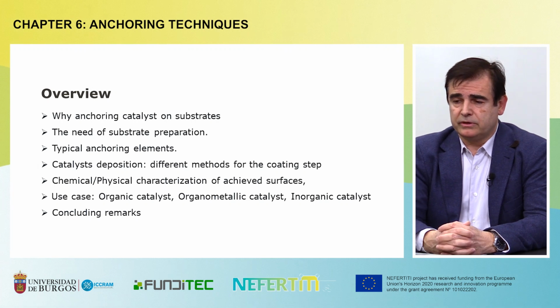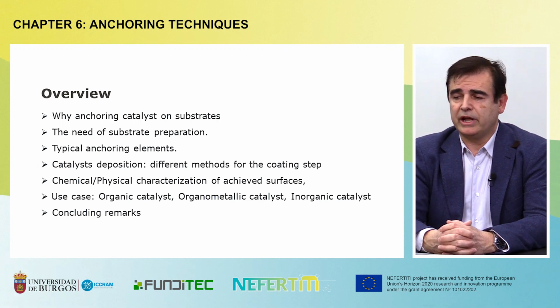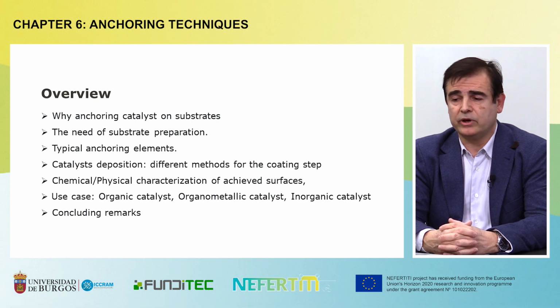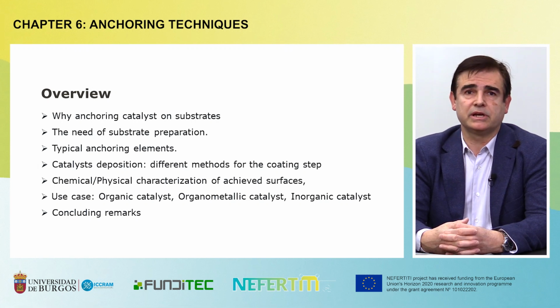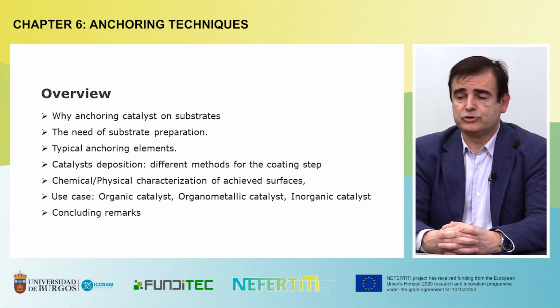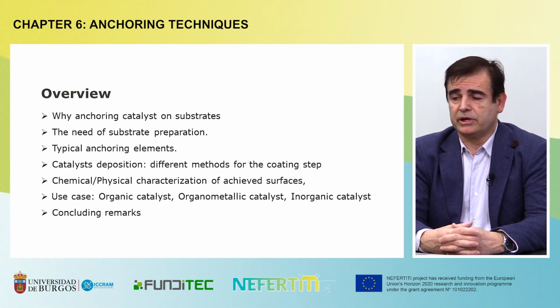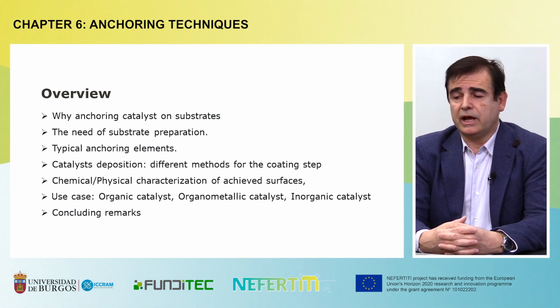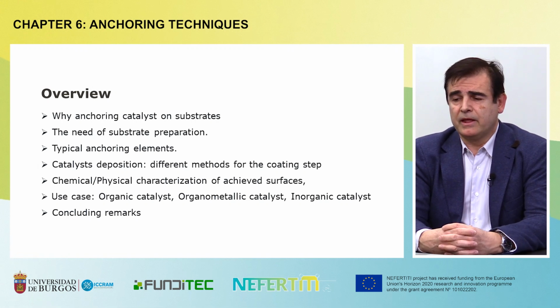In this chapter of the course, we will see different aspects of the anchoring technique, such as why anchoring catalysts on substrates, the advantages and disadvantages, or even limitations, the need of a substrate preparation and the methods involved, typical anchoring elements and their functionalities.